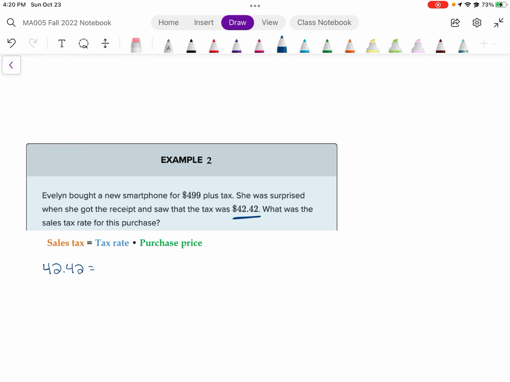So $42.42 equals the rate. Well, that's what we're looking for. What was the sales tax rate? So that's going to be our X, right? So we're going to make that X times the purchase price, which is $499. Okay. So now we're just going to divide by $499 on both sides to get the X by itself.